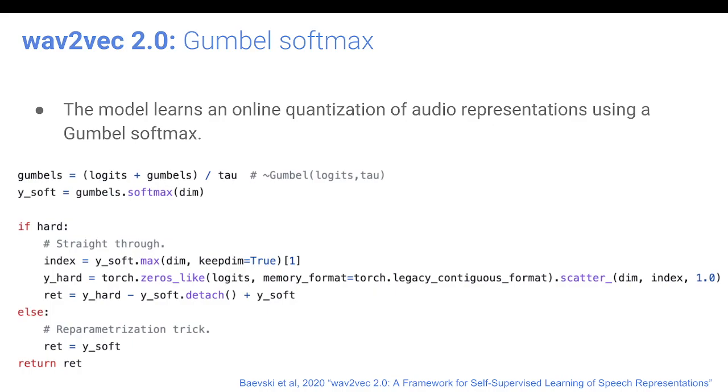For example, you start with a certain temperature at the beginning that allows you to navigate more in the space of discrete units, while close to the end you anneal it to stop the exploration a little bit and have a more stable codebook. The approximation that was used for the backward pass is a straight-through estimator, as shown here in this example code.